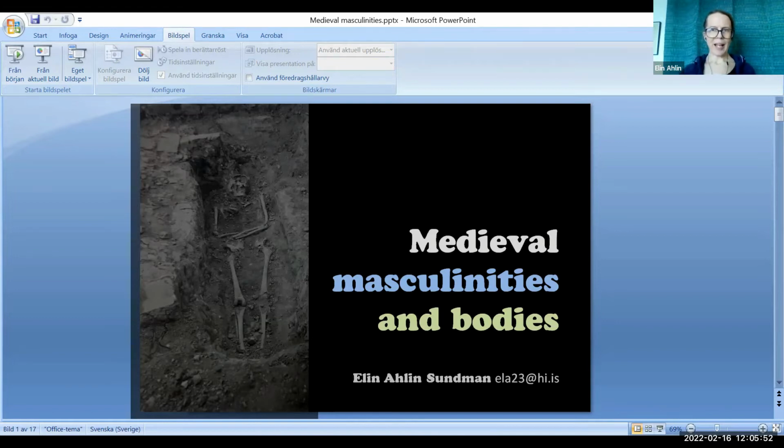The dominant or hegemonic masculinity that scholars have put forward for medieval Europe has been the masculinity of the lay elite, the warriors, the knights. That is part of the concept: it is people who are in a dominant position in society who have the privilege of defining what is masculine and how a man should behave. So it's not strange to think of the lay elite as those who have the power to define hegemonic masculinity in medieval Europe.